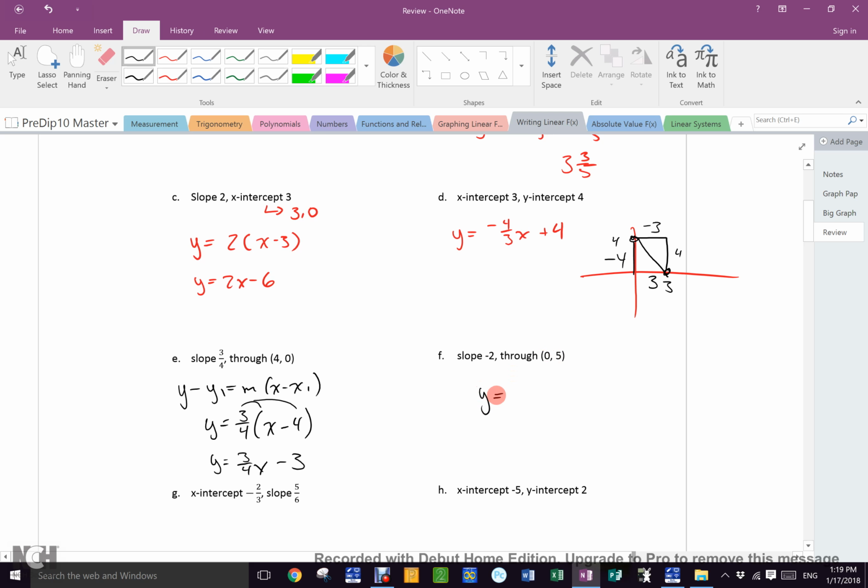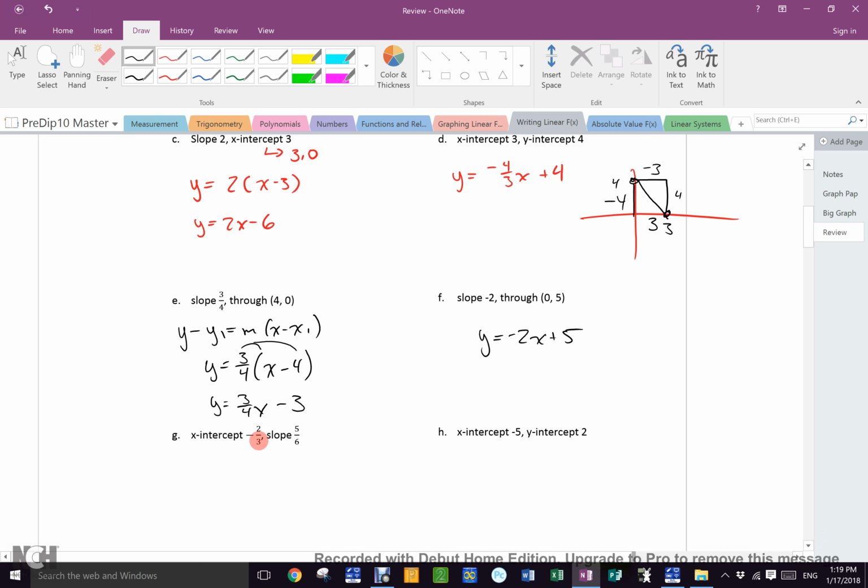That gives you the y-intercept. So that's y equals negative 2x plus 5. This gives you the x-intercept and the slope. So this, you could do y equals slope 5 over 6, x plus 2/3.